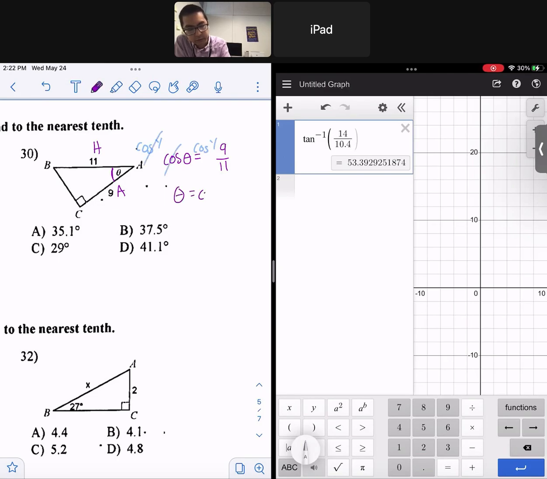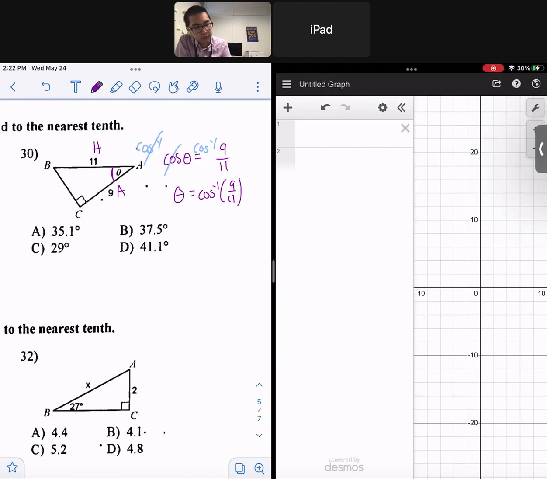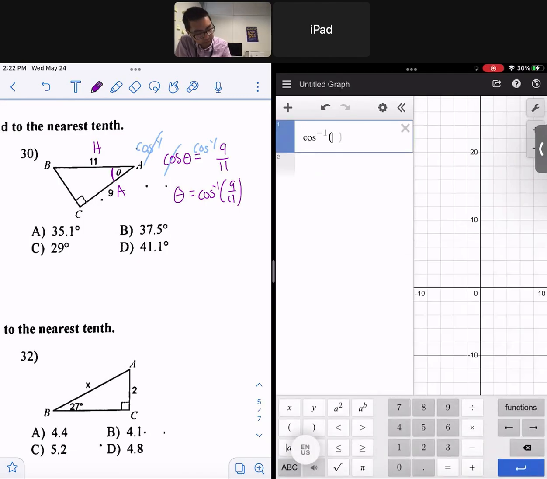So theta equals cosine inverse of 9 over 11. Again, make sure it's in degrees, right? Cosine inverse of 9 divided by 11 is 35.09, but we round it to the nearest tenth, so 35.1. A.